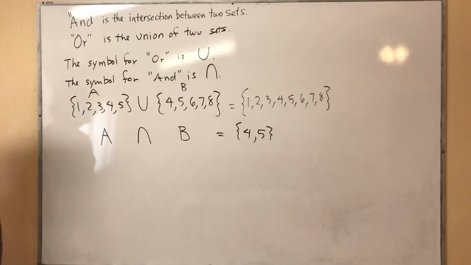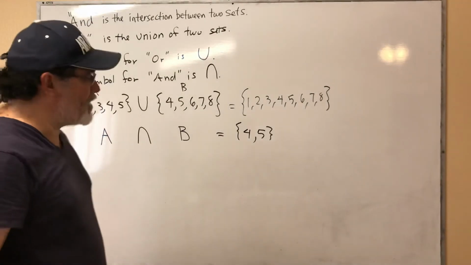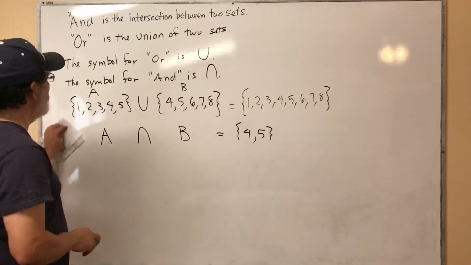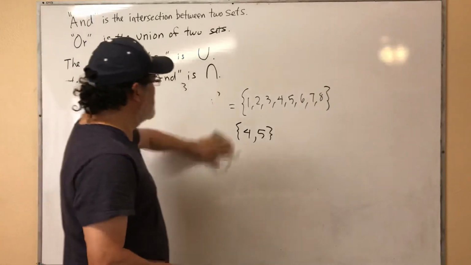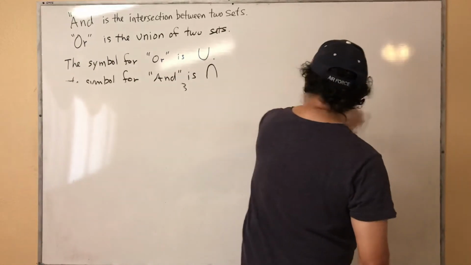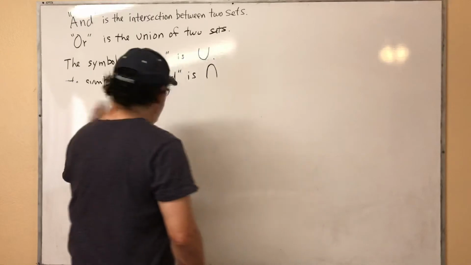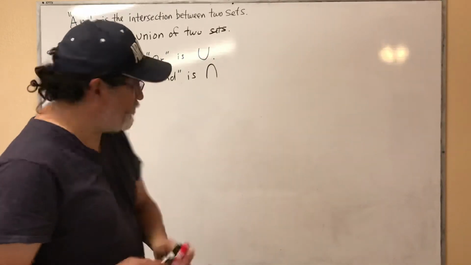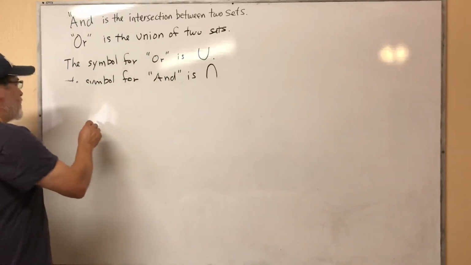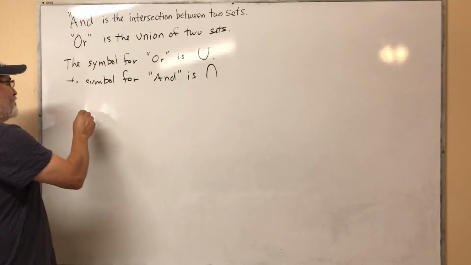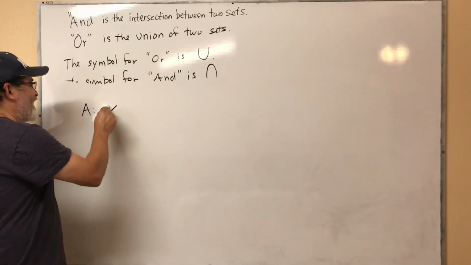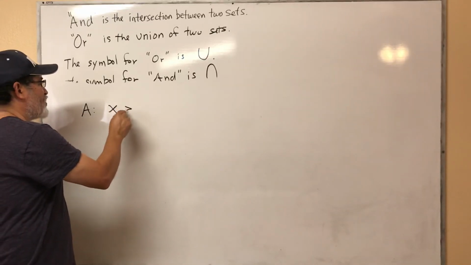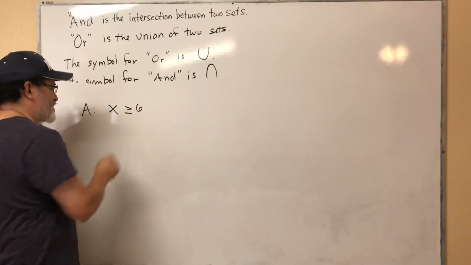Okay, so now I need more room, right? Because now, what I'm gonna do now is the following. The set A is x greater than or equal to 6.